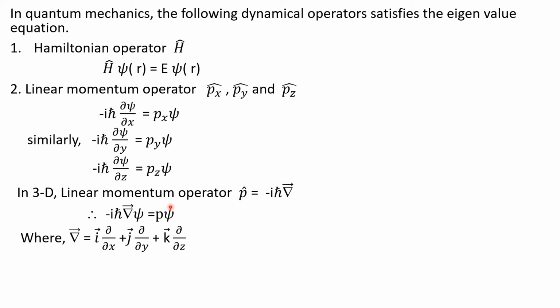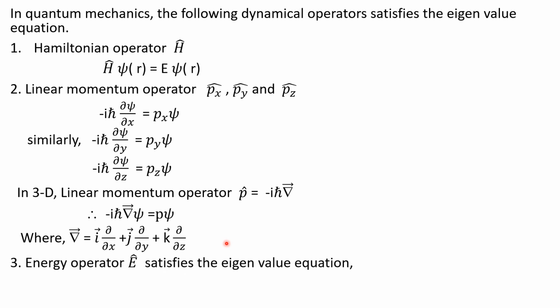Therefore, in three dimensions, the linear momentum operator is minus i h cross del, which operates on the psi. The function remains as it is, only multiplied by a constant term. That constant is the momentum. Hence, this is the three-dimensional momentum operator.